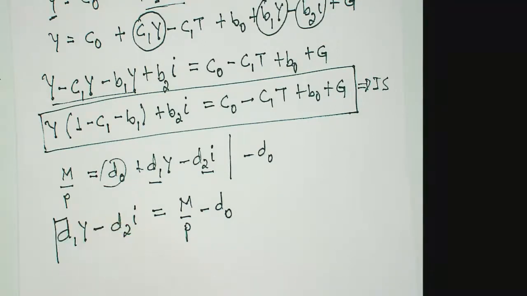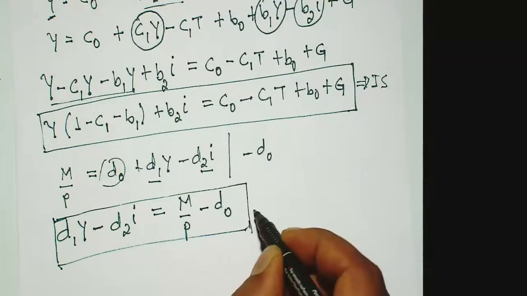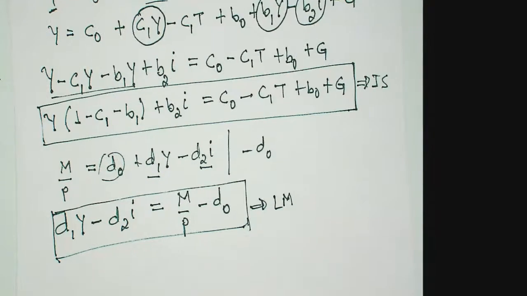So this equation again gives us a simplified form of our LM curve, where we have our endogenous variables on the left-hand side and exogenous variables on the right-hand side.